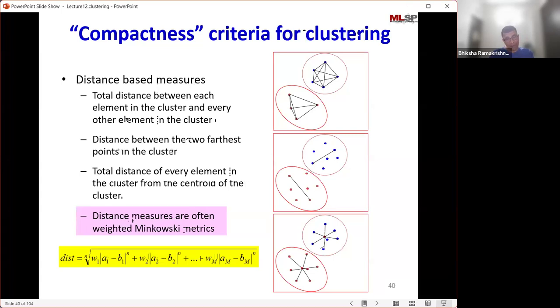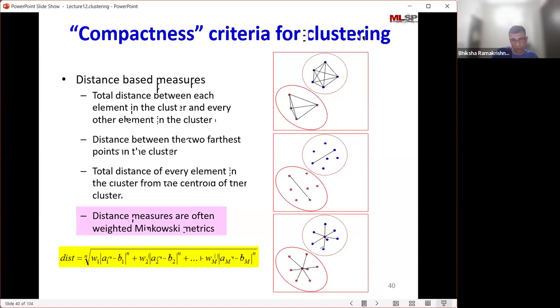If I decide to have, for example, two clusters, I will hypothesize every possible way of separating the data points into two clusters. And then for each of these hypothesized clusters, I would find the compactness criterion. I'd search through all of those and find the clustering which optimizes this compactness criterion, and that would be my cluster.